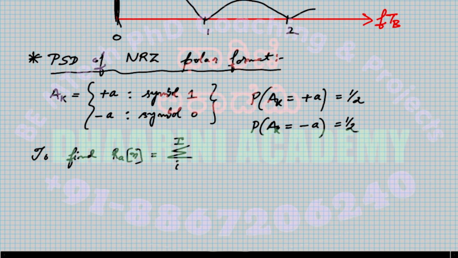There are capital I number of combinations. Into the possible AK into AK minus n, all the I possible multiplications like this, into the corresponding probability. This is my fundamental equation to calculate the RA of n. Okay, now let's see what happens.